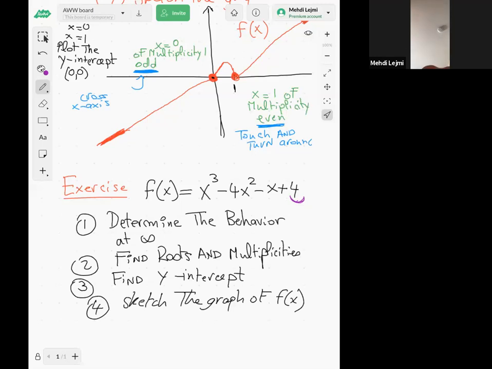So any guess for the roots multiplicity, guys? Kwame, you said 0, 1, and 3. So it's not correct. I mean, 1 is correct. X equals 1, it's correct. But 0 and 3, they are not correct.